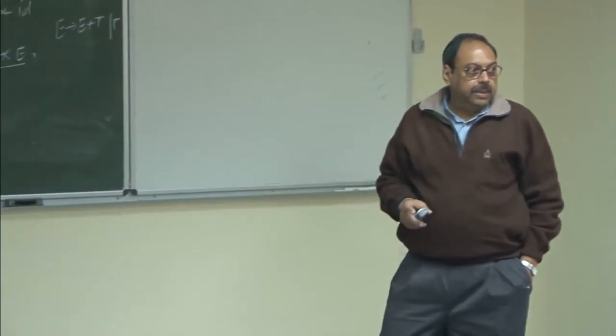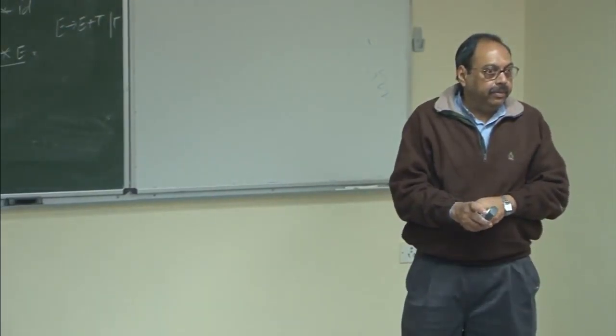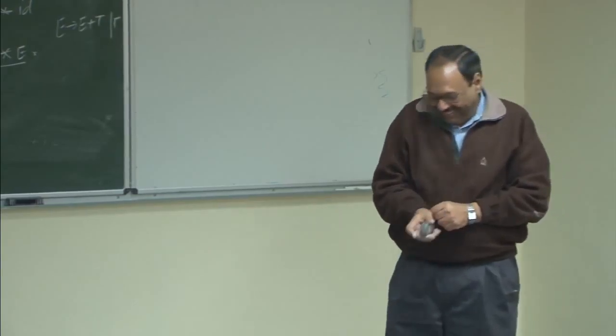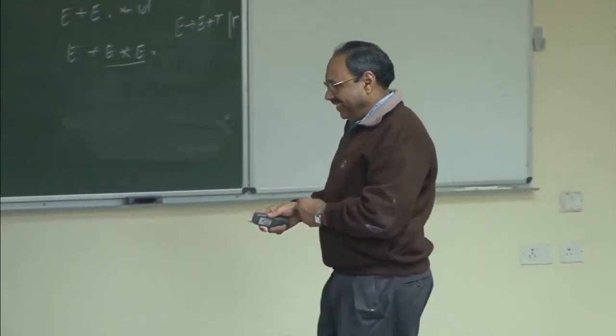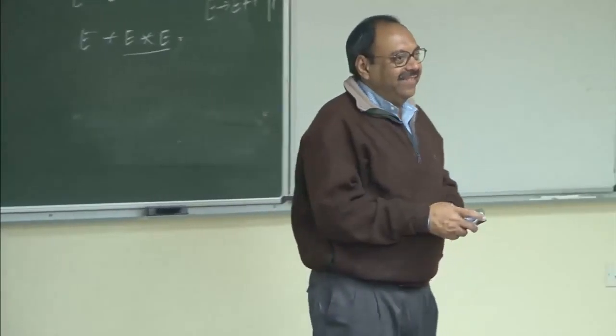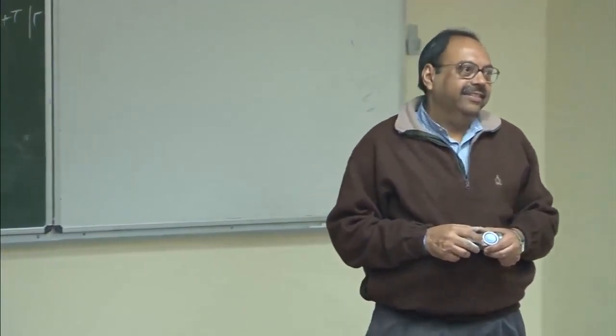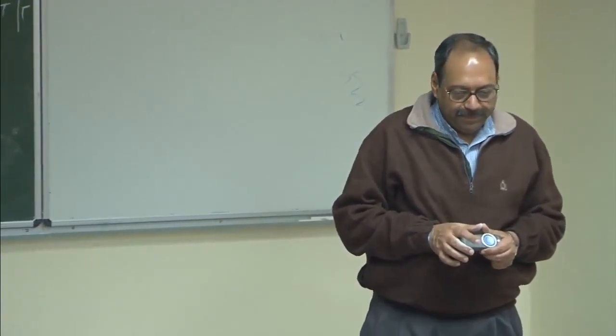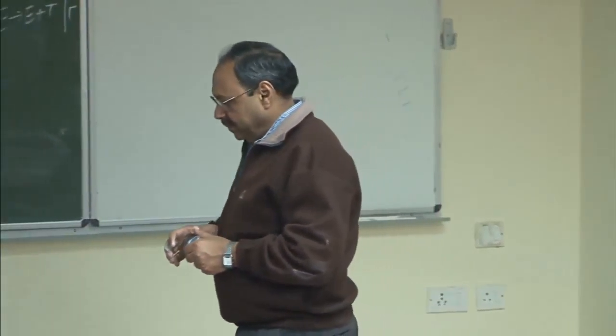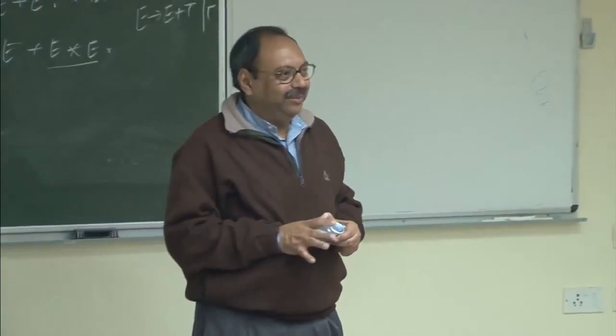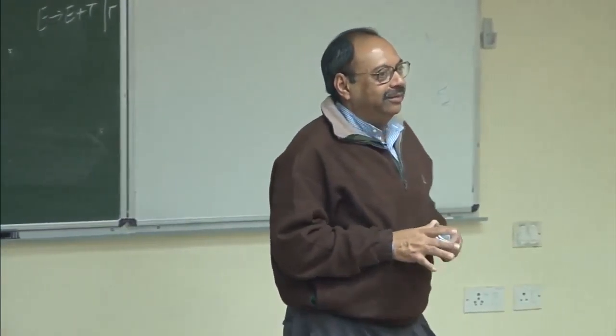This is basically top-down parsing. This is not top-down parsing. When we find the string from the start symbol, then we say that this is the rightmost derivation, and we check here whether something is in the reverse of this. No. Please don't confuse the method and the definition.